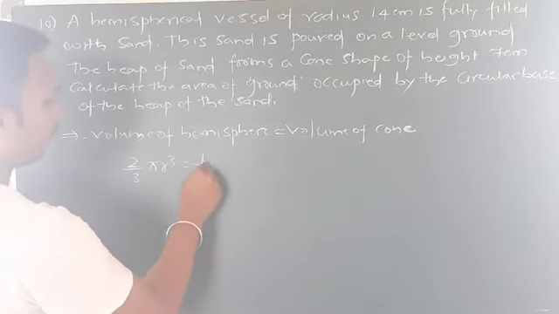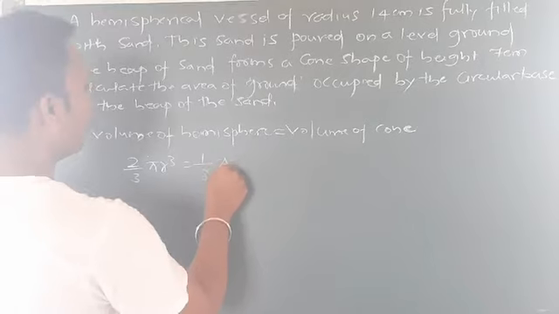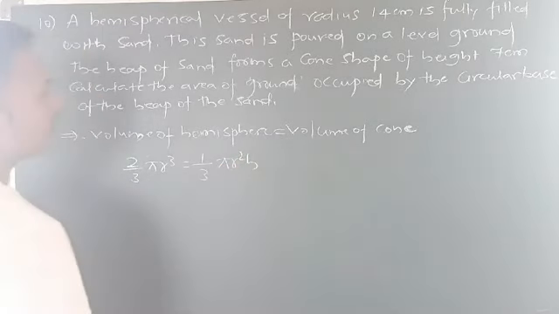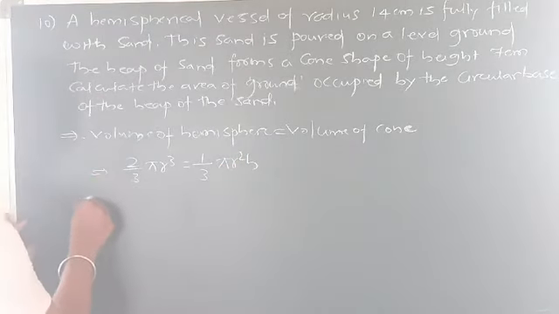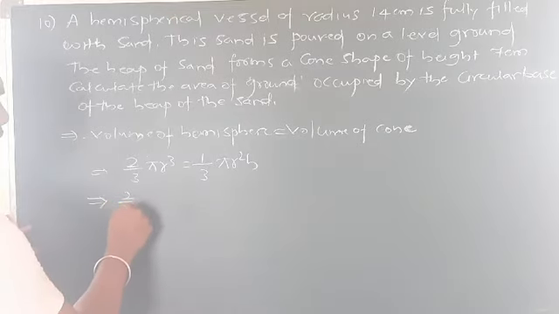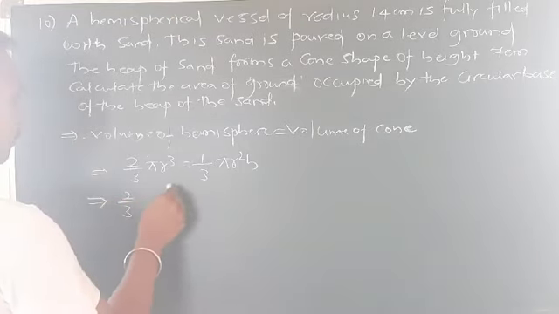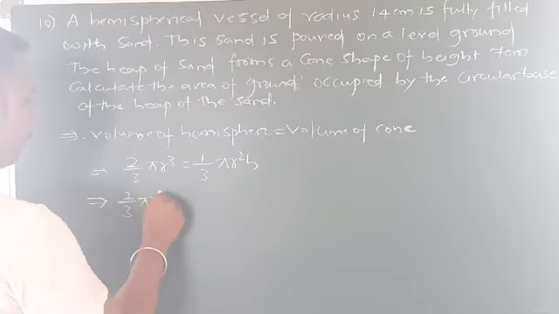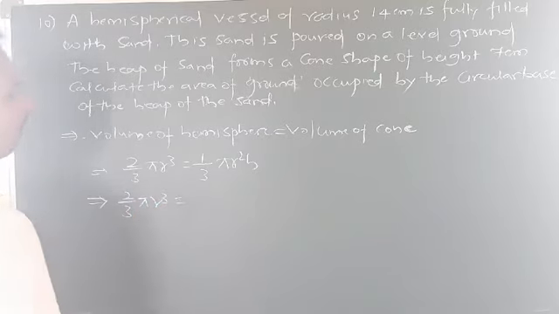The volume of cone is 1 by 3 pi r square h. So this implies we have 2 by 3 pi r cube.